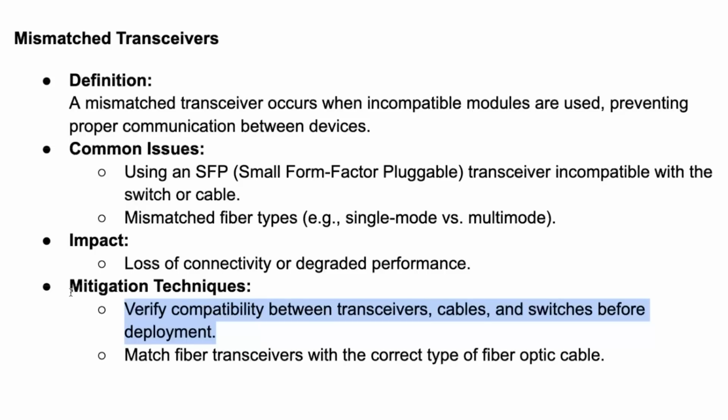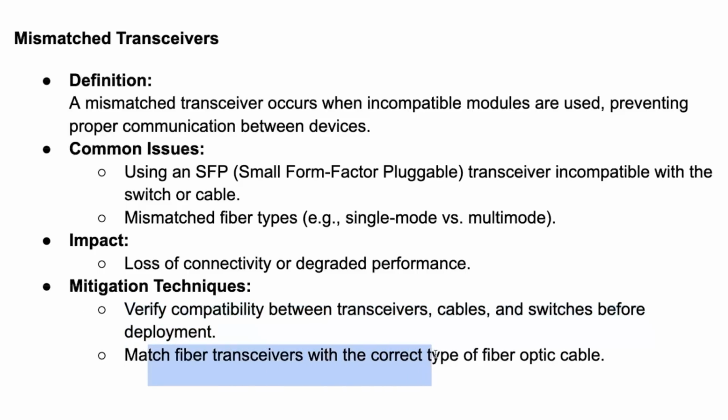To me it feels like common sense, and you can avoid this particular issue with proper research, so that before you place the order, you know which cables, transceivers, and switches are actually compatible with each other, and then you order the devices that can connect to each other. That's the only thing I can think about.